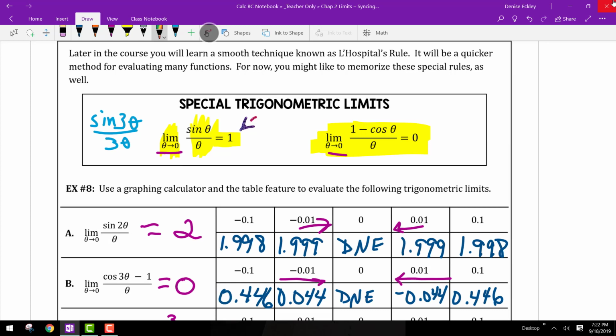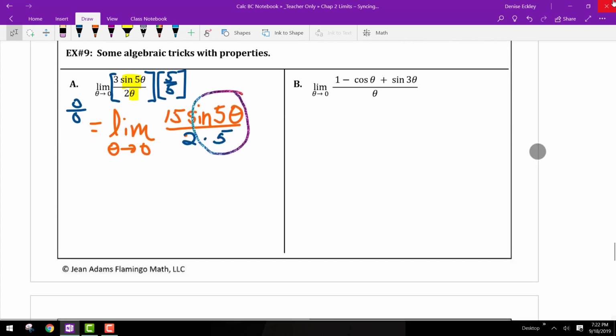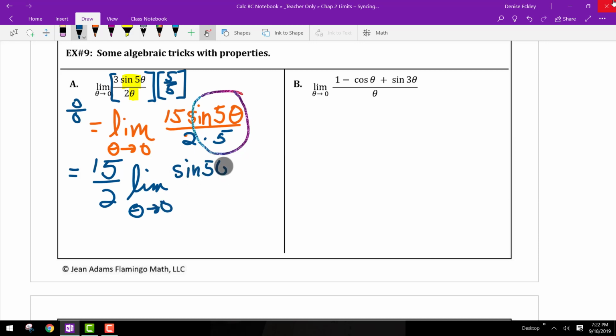I am going to pull the other constants out in front of the limit. So this becomes 15 over 2 times the limit as theta approaches 0 of sine 5 theta over 5 theta.